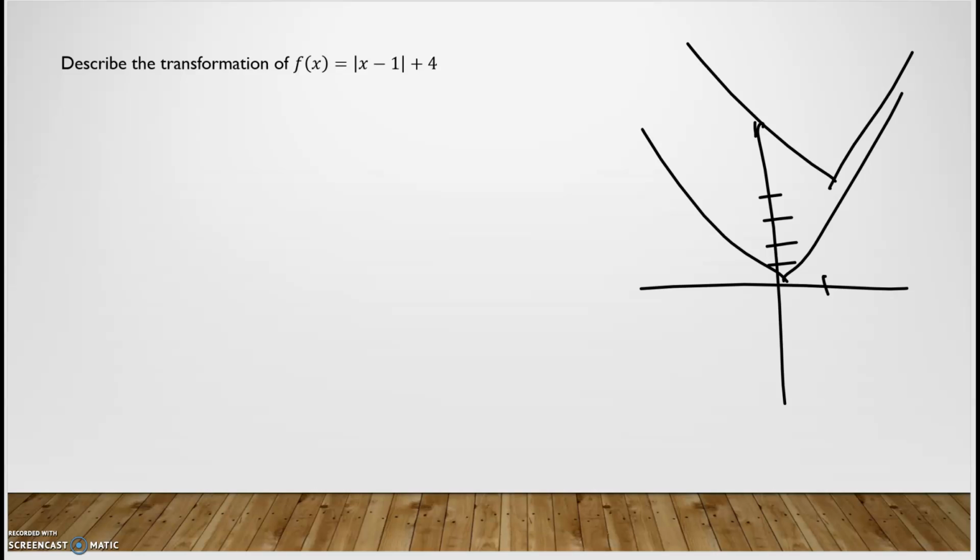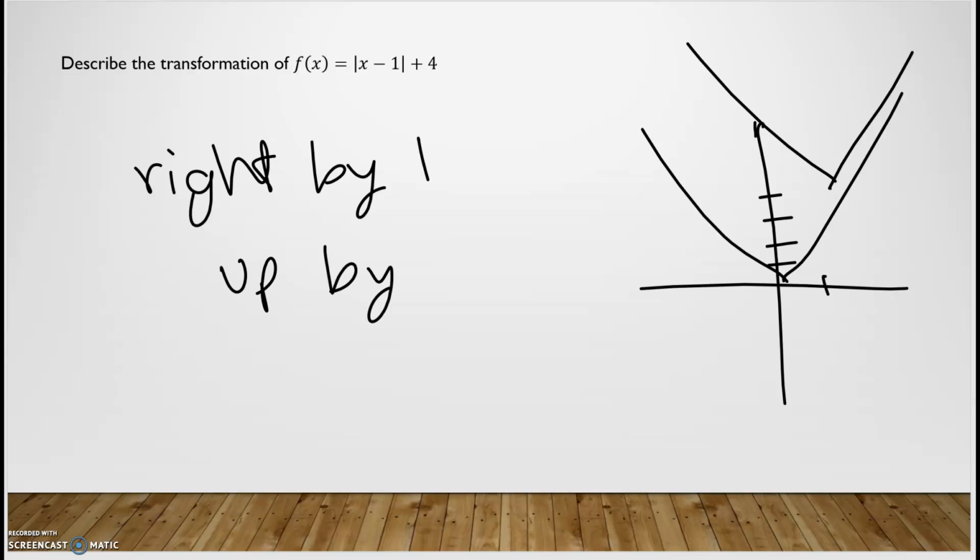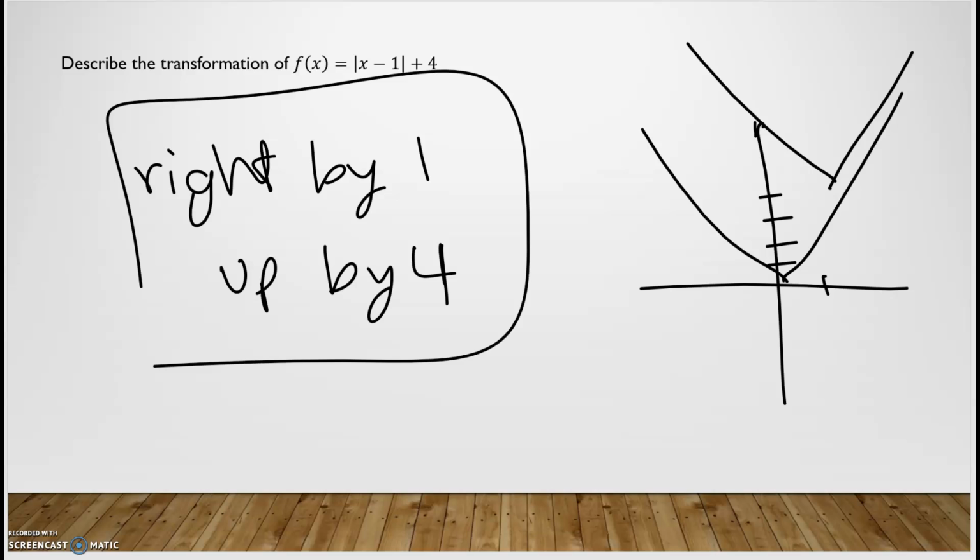So the takeaway is, let's just write this. We went to the right by 1 unit. We went up by 4. And that's it.